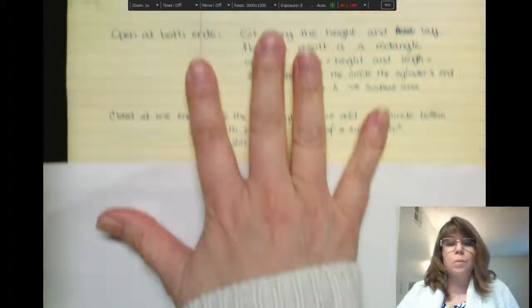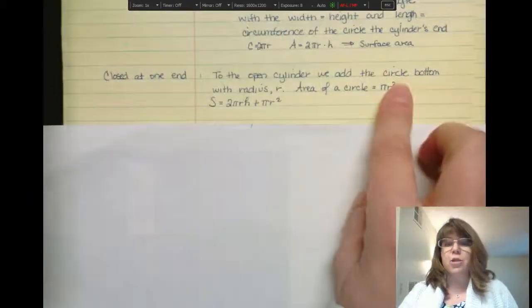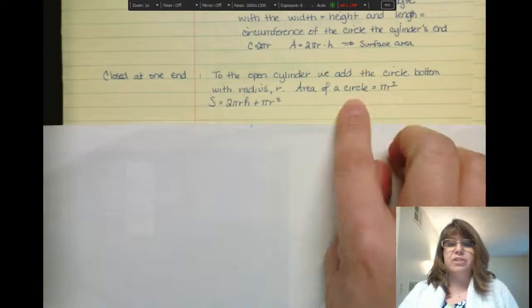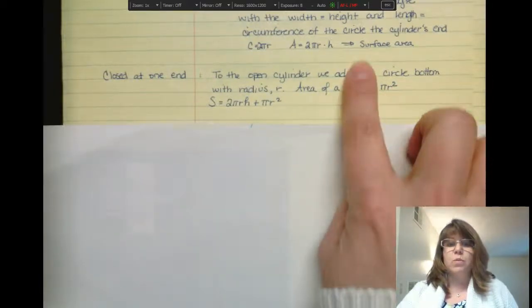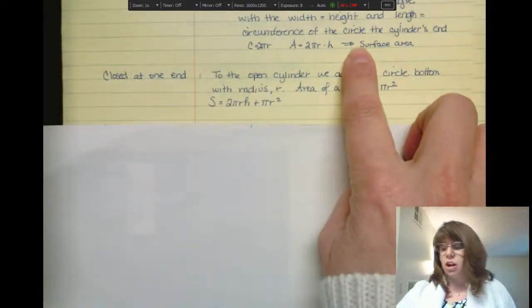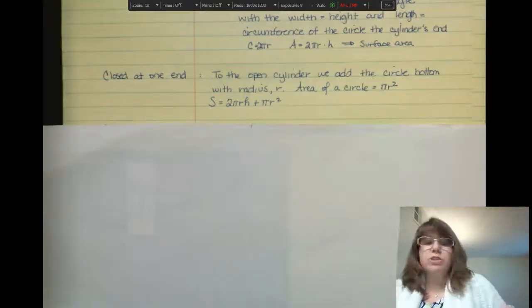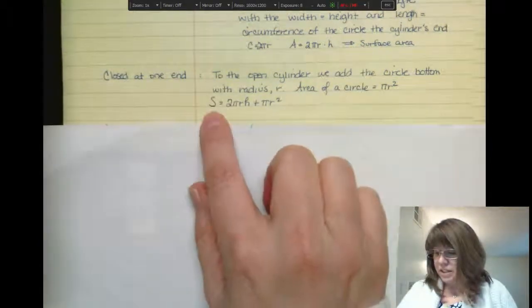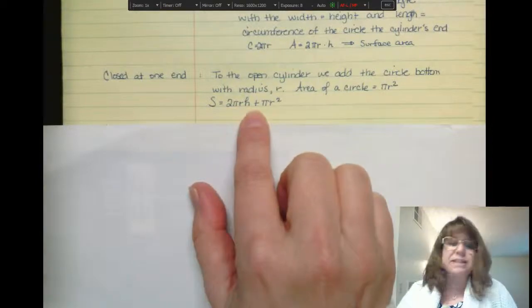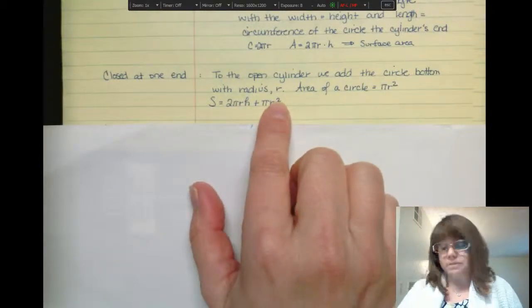With one open cylinder, we're going to add a circle bottom. The area of the circle is pi r squared. So we take what we learned in our cylinder and add the circle to it. So surface area equals 2 pi r h plus pi r squared.